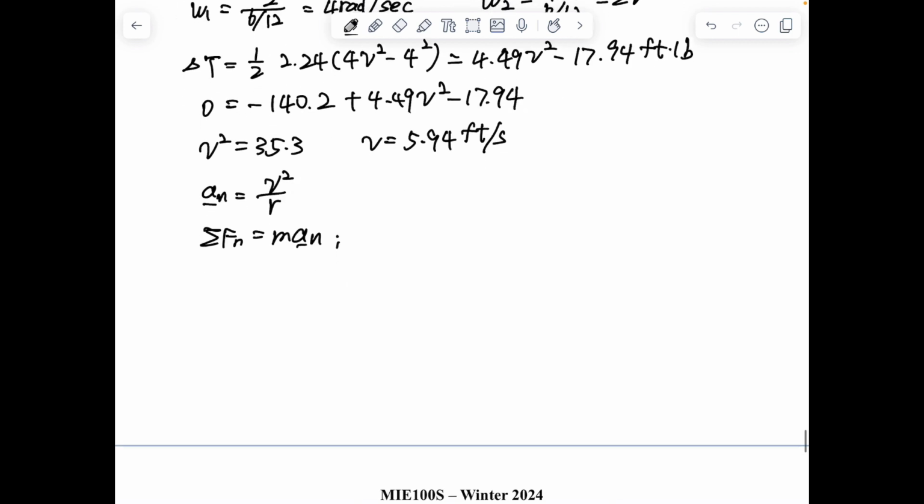Then we can get N minus 200 is equal to 200 over 32.2 times 35.3 over 18 over 12. Then we can get N is equal to 346 pounds.